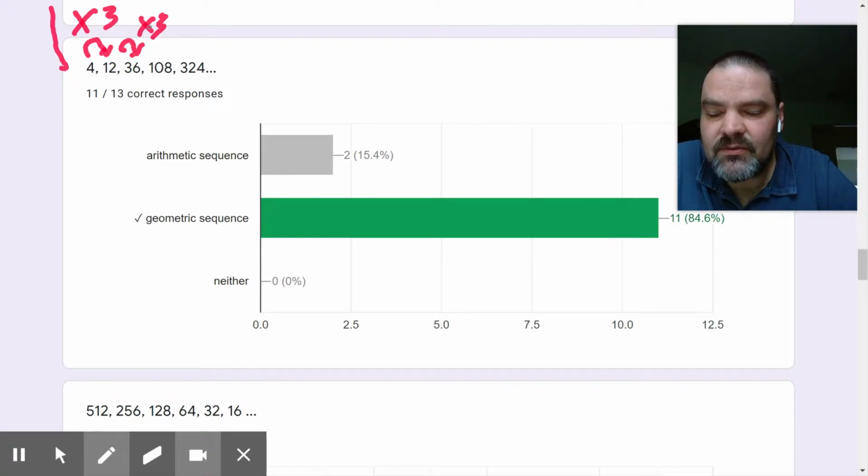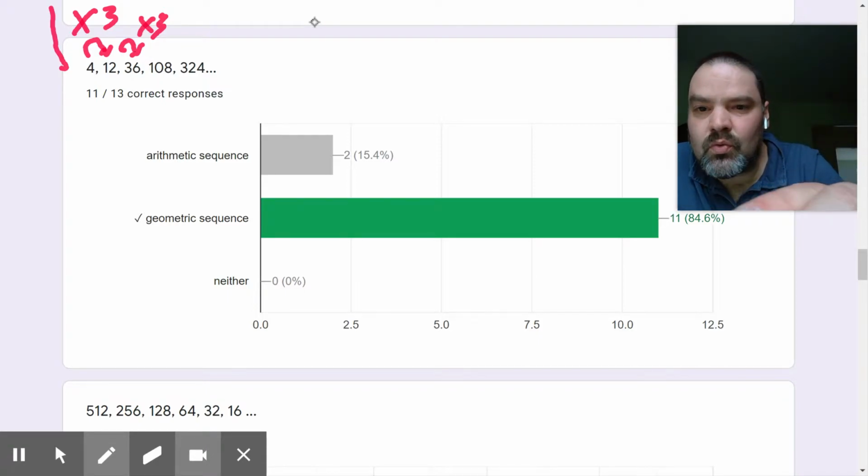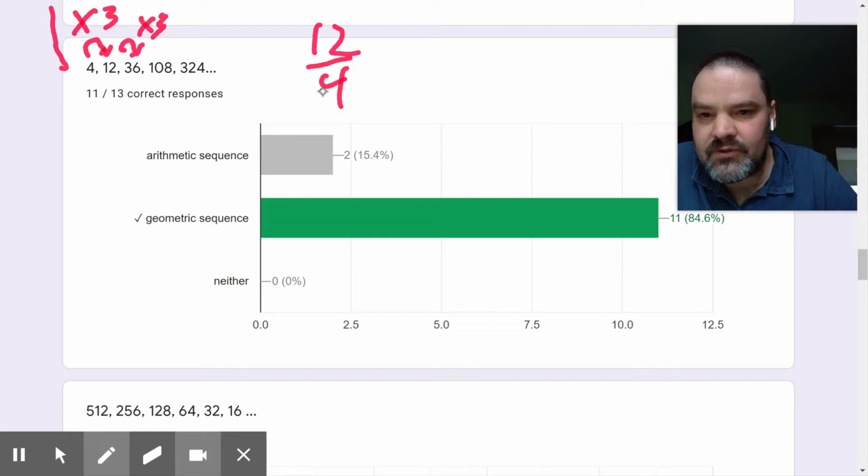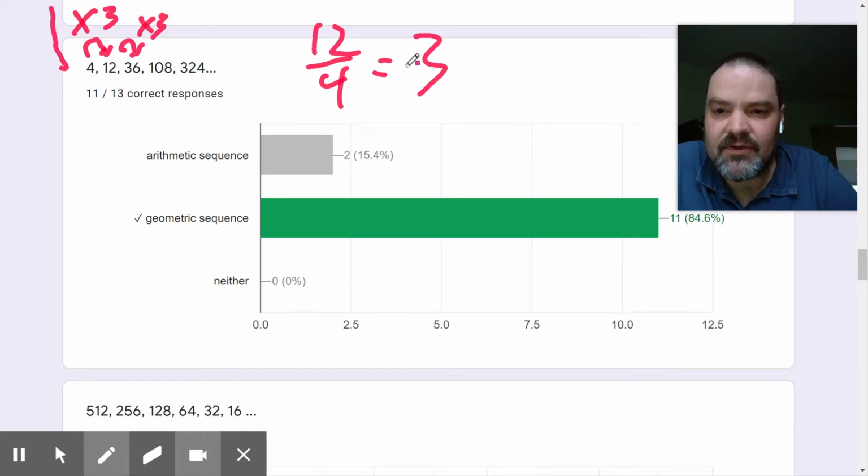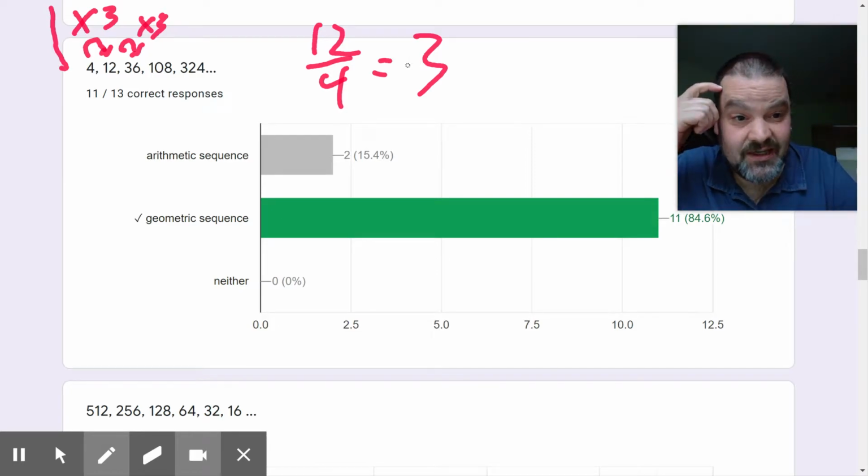One thing you can just do, you're effectively dividing, right? You're dividing 12 over 4, the first two terms, and you're saying that that's equal to 3. In other words, to get from the first term to the second, you multiply by 3. From that point, you just need to check if that's true with all the other ones.